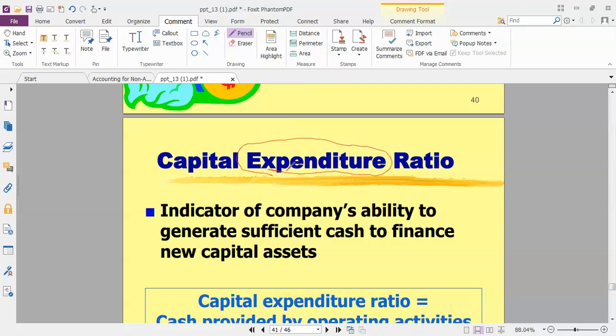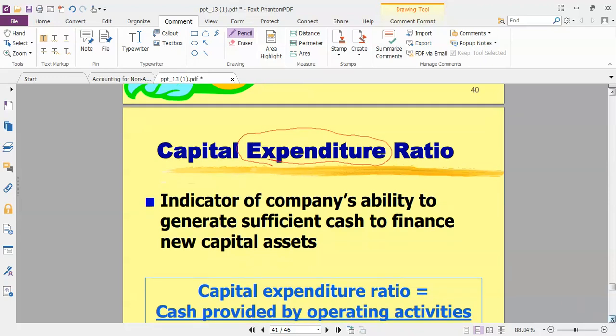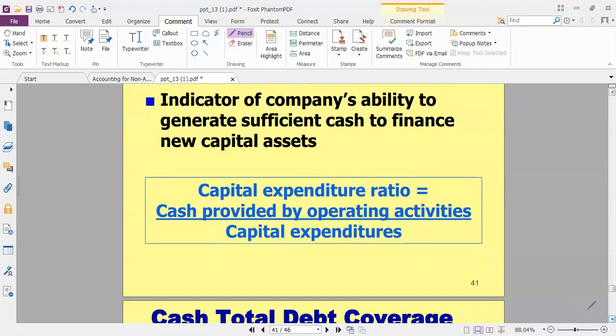The asset can be used for the long term, so that's why we classify that expense under capital expenditure. So how to calculate the capital expenditure ratio? It is equal to cash provided by operating activities divided by the capital expenditure.